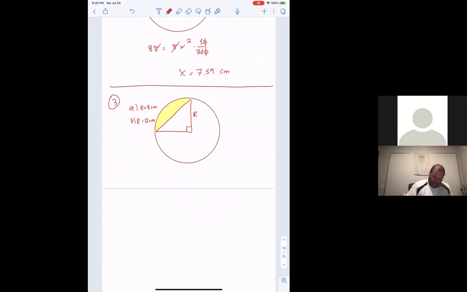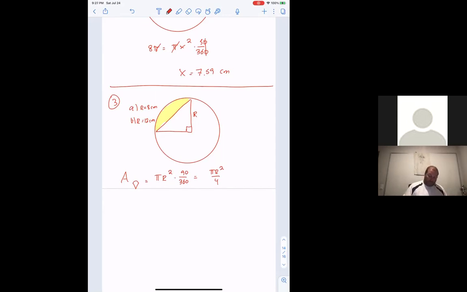So first, the area of the entire sector is pi r squared times 90 over 360. In other words, it's pi r squared over 4. This isn't really a shock, because it's a quarter of a circle. So that's very straightforward.